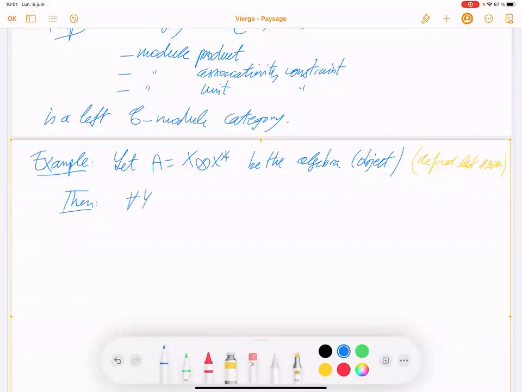And for all y in C, the object y tensor x star is a module.